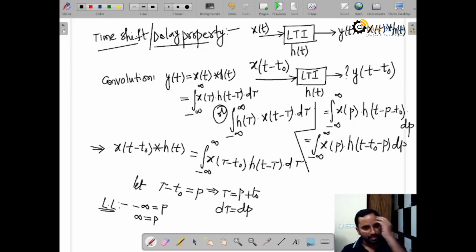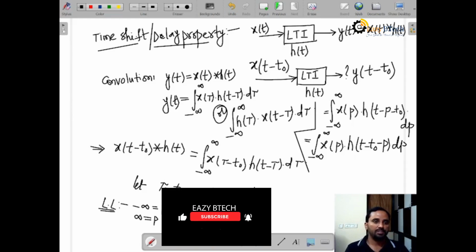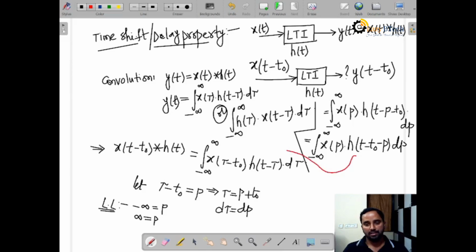So if you compare the integral we have now with y of t, we can understand the result. Here tau, here p, no problem. Tau is a dummy variable, here p is also a dummy variable. So here we have h of t minus tau, and this is y of t.